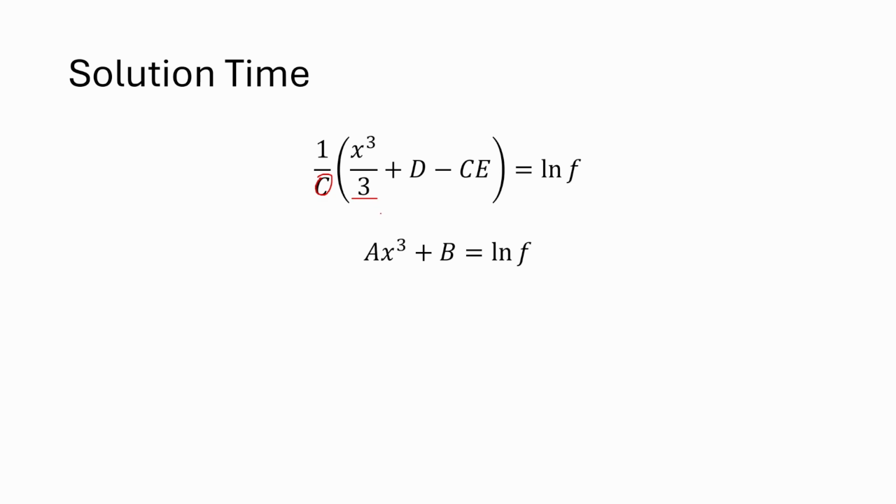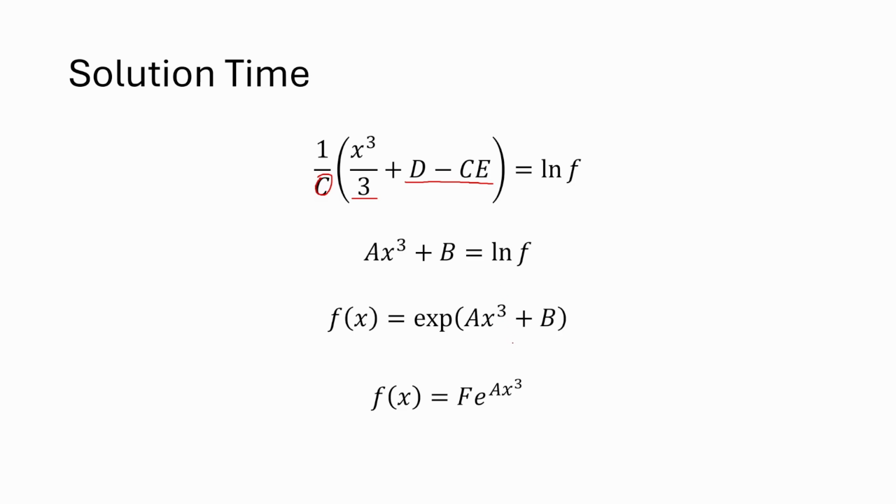So a is just a constant that happens to be equal to 1 over 3c. And then this b is the collection of all of these terms. I'm just giving it a new name so the equation looks nicer. You can see the second line is simpler to write than the first line, but it contains all the same information. Okay, so now I take my exponential, e to the a x cubed plus b.